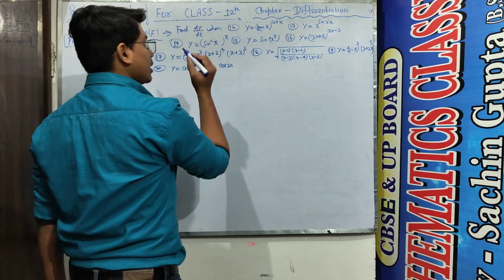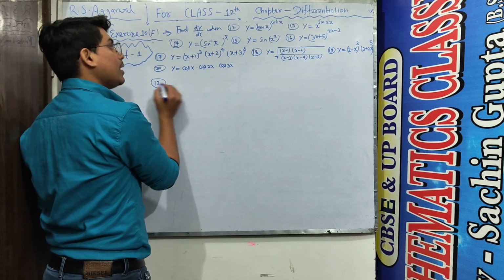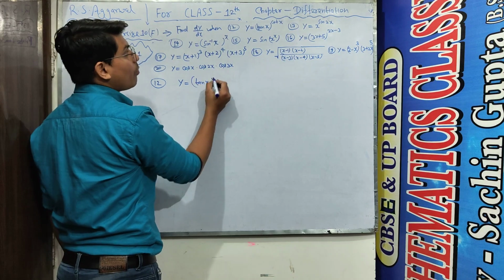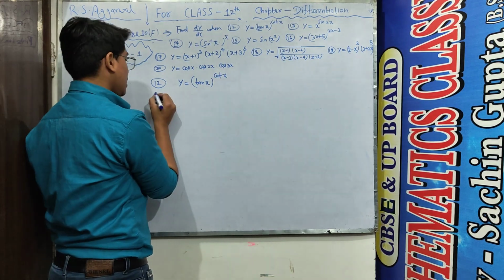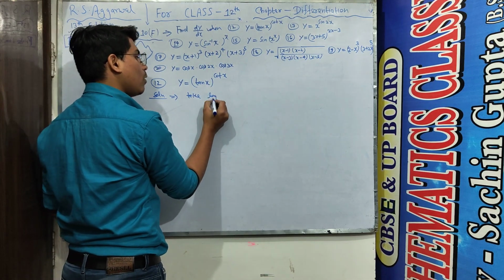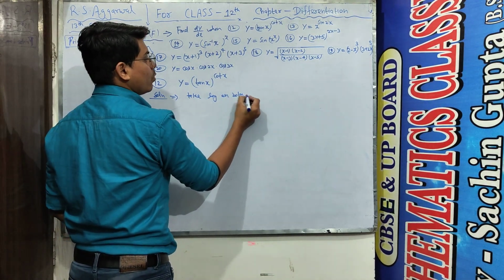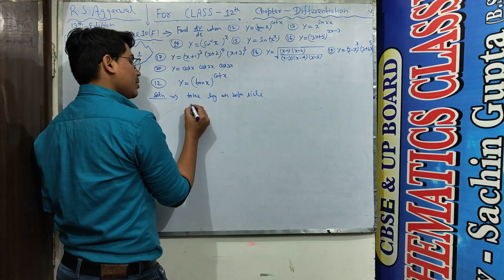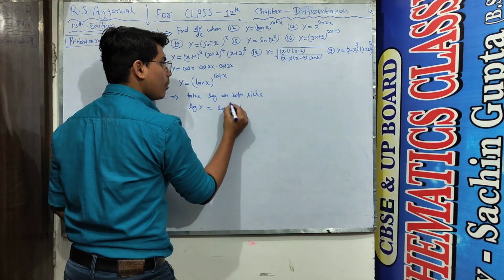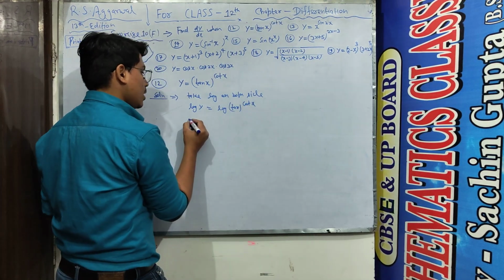Let's solve question number 12, which is given to us: y equal to (tan x) whole power cot x. Now, students, we take log on both sides, then it becomes log y equal to log of (tan x) whole power cot x.